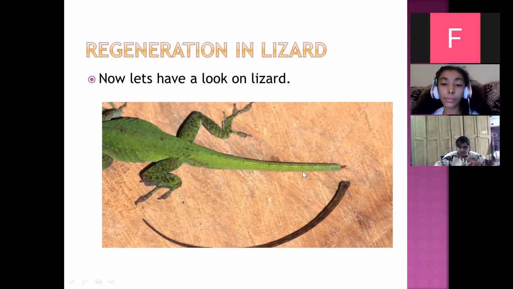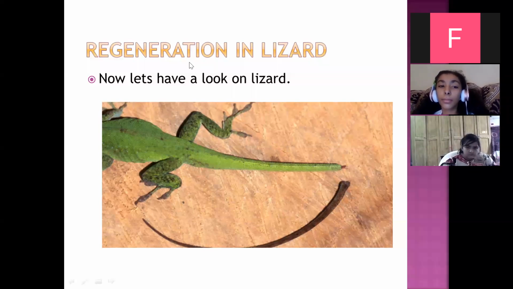Please watch this picture carefully. You can see that this is the old tail of that lizard. Once it has been cut and damaged, that lizard has developed a new tail over here. So it means that lizards also show regeneration. Okay, students, but remember, the process of regeneration is not valid for the whole development of the body.